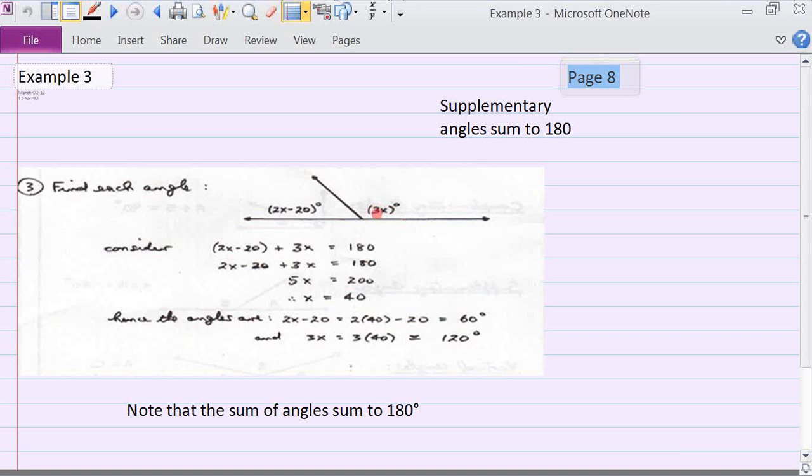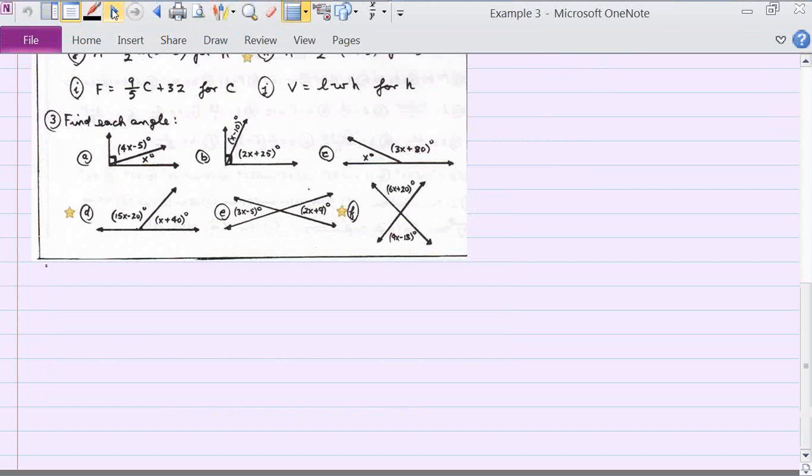Now I take this one, 3x, substitute for the 40, because that's what I found x equal to, 3 times 40, and this equals 120 degrees. Notice that the 60 plus the 120 equal 180. So yes, by checking that, we have some indication that the problem was done correctly.